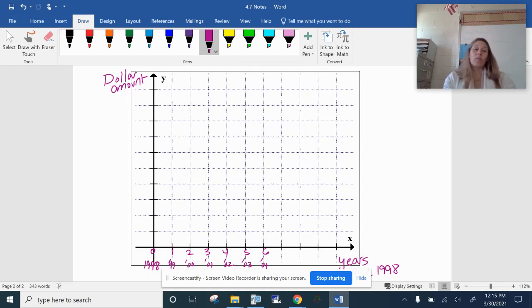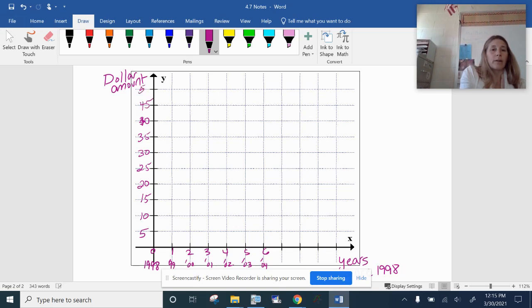So we want to pick an increment that will make sure that we can fit all of those on our y-axis, but they're still spaced out a decent amount. So in this situation, 5 would probably be your best increment. So then we're going to start with 5, 10, 15, 20, 25, 30, 35, 40, 45, and 50. You could have probably also gone by 4s, but typically people go by either 2s, 5s, 10s, like easy numbers.